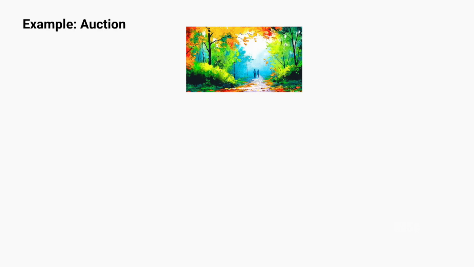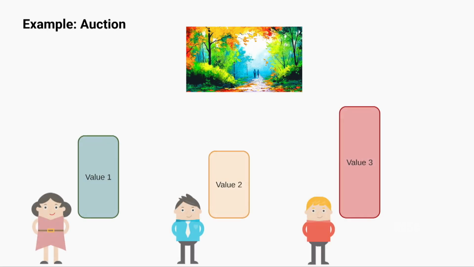For the later part of today we will be talking only about auctions. Let us start with the auction example. What is an auction? The traditional way we know it is that suppose there exists one indivisible item like a painting which is to be sold by an auctioneer, and there are multiple individuals, and by the height of this bar I mean how much they really value this painting.